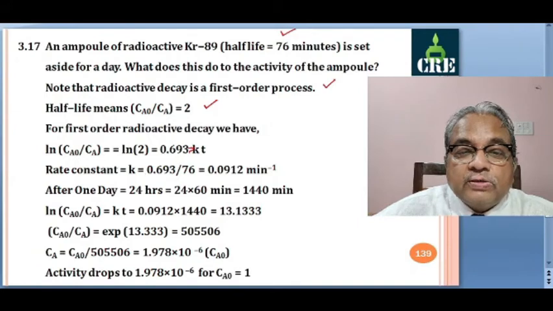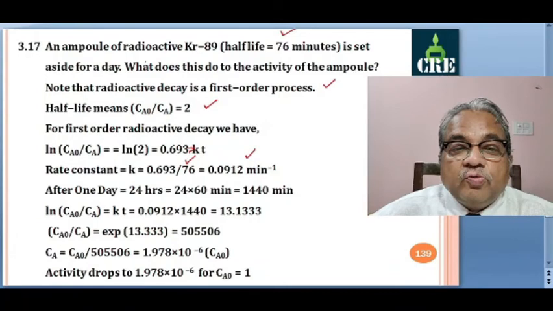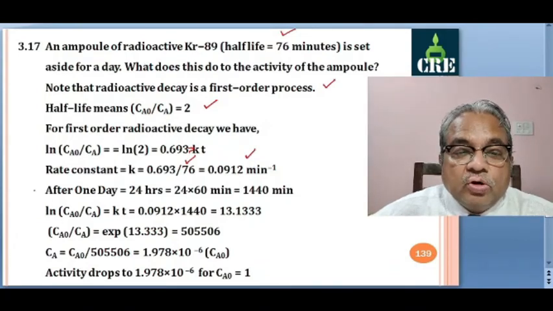So K is 0.693 by T. So this value 0.693 by T, T is 76 minutes. So rate constant, first order rate constant comes out to be 0.0912 minute inverse. This is kept for a day. So for one day, 24 hours into 60 minutes, so 1440 minutes.